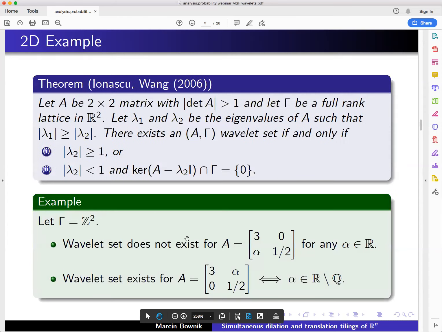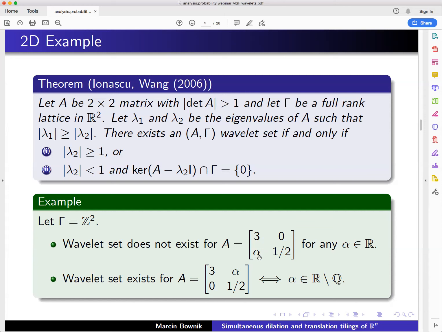Okay, so let me explain by an example what this result says. Let's take lattice Gamma equals Z2, and let's choose the following dilations. Those dilations have 2 eigenvalues, 3, which is bigger than 1, and 1/2, which is less than 1. The determinant is 3/2, so it is expanding in volume. But now let's put a non-zero entry, alpha, at the lower left corner.